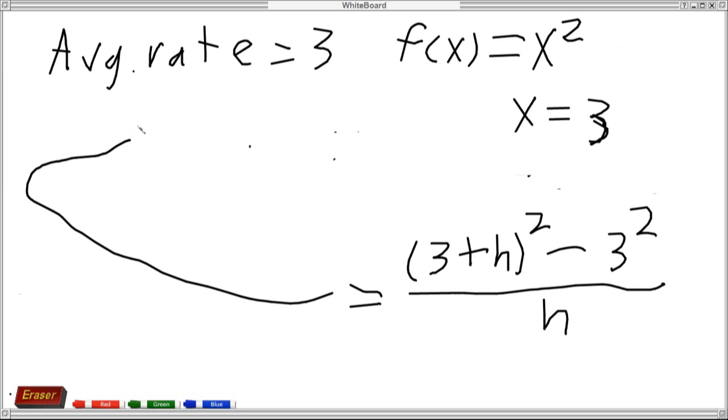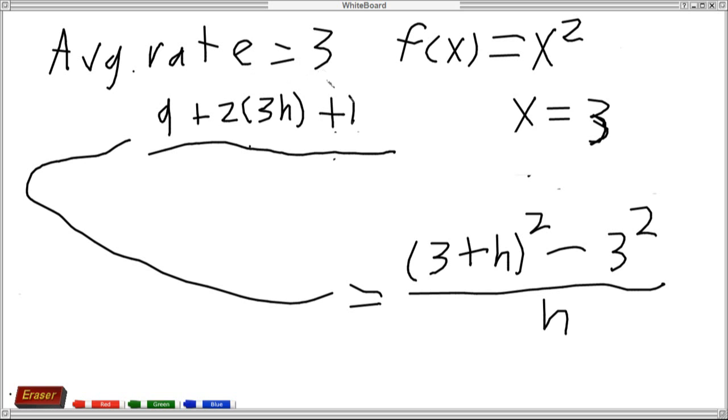So we write it down, and we have 9 plus 2 times 3h plus h squared, minus 3 squared, divided by h.